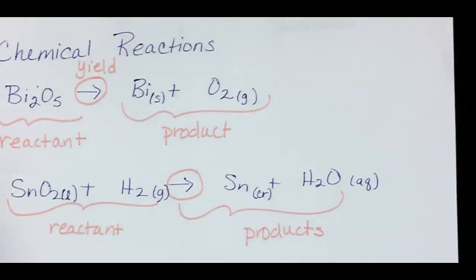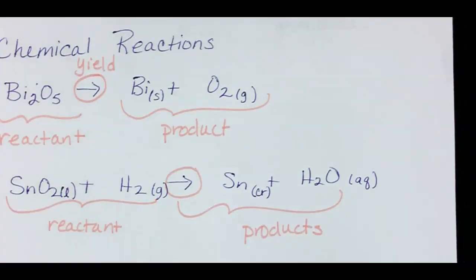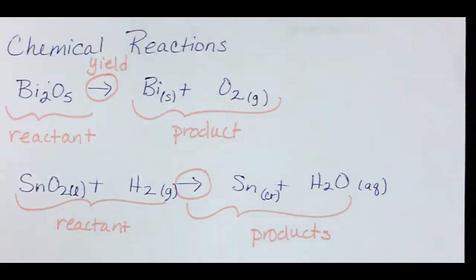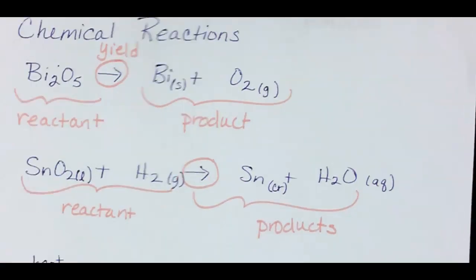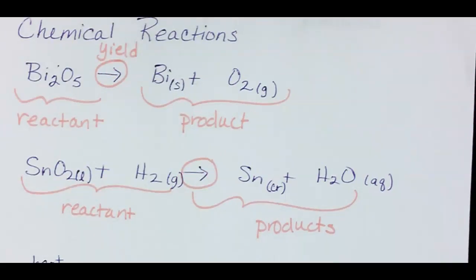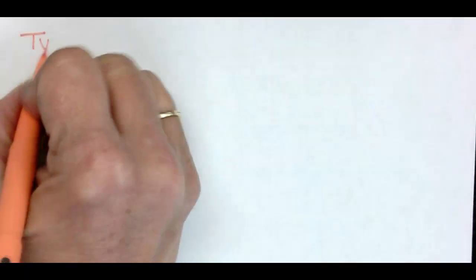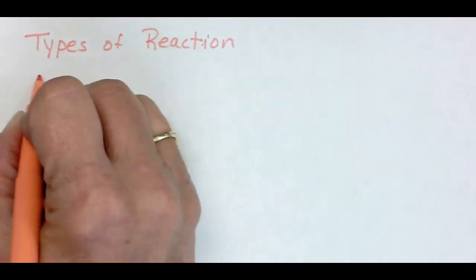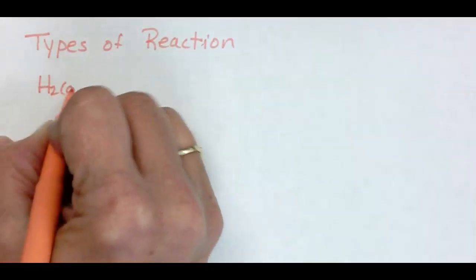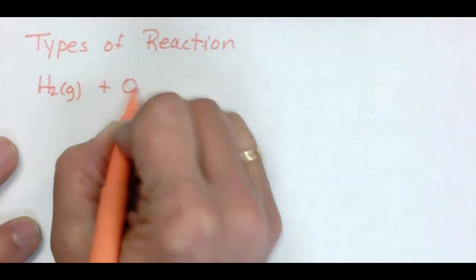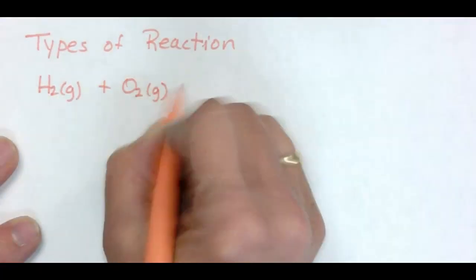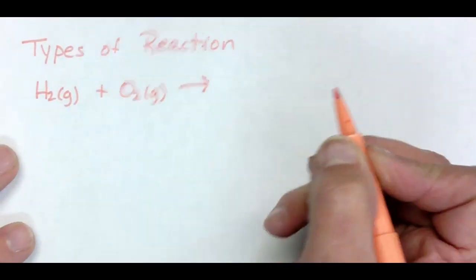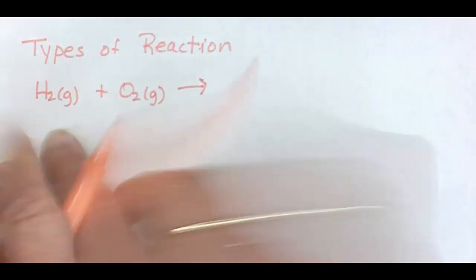Okay, so the next thing that we're going to talk about real quick is the types of reactions. And you're going to actually be dealing with 5 or 6 different reactions. And so the very first one that we have, let's just say I take hydrogen gas plus oxygen gas, and I put those together, and usually that will be caused by a pressure.